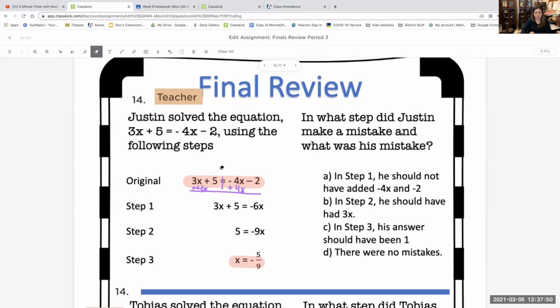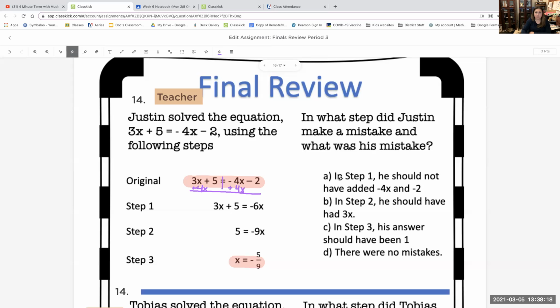I would have added 2. There's plenty of different things. And then this should have given me 7x plus 5 equals -2. That's not what he got in for step 1.